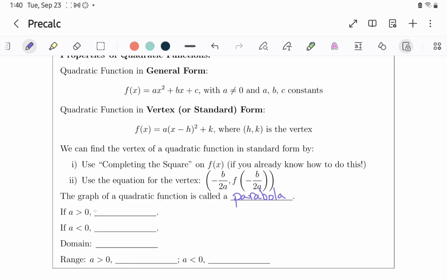So if a is greater than 0, the parabola faces upwards. And if a is less than 0, the parabola faces downwards.